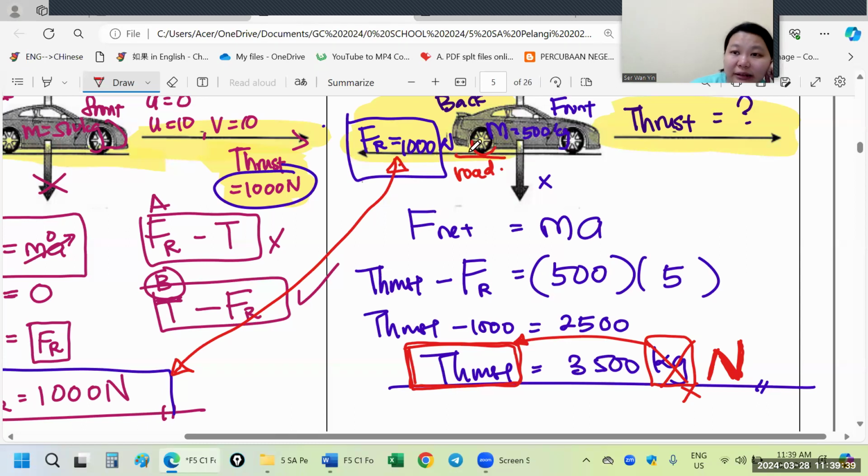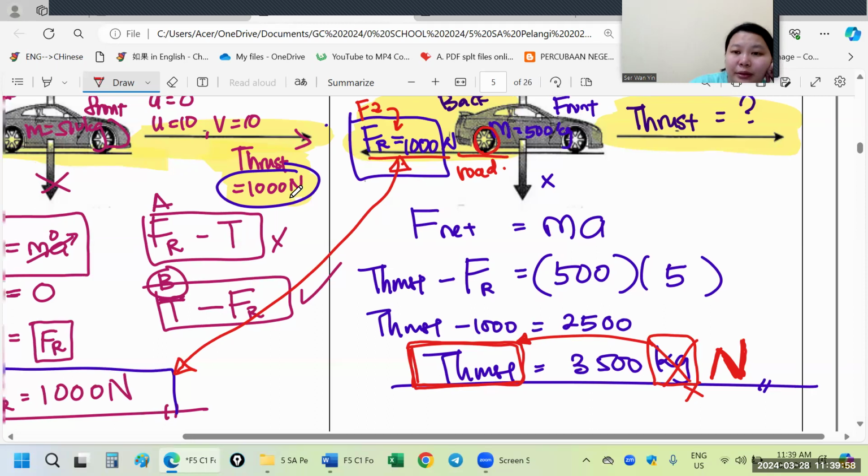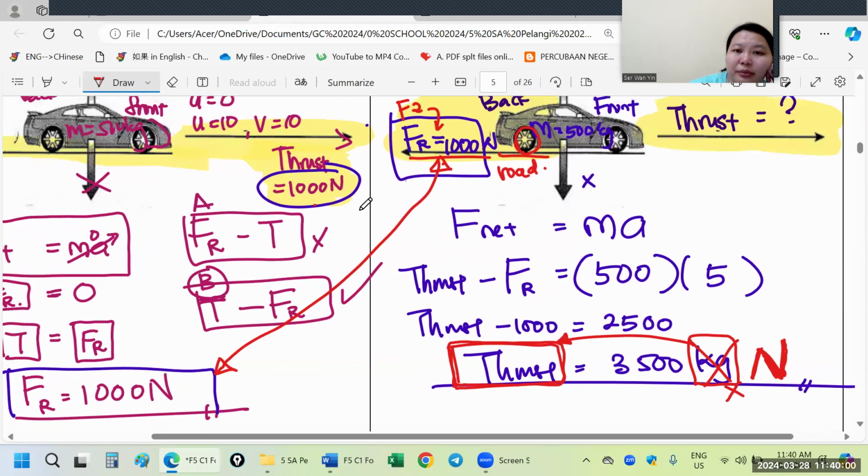If their surface never changes, then the frictional force will not change. Actually, last time in Form 2 we learned the frictional force, but they took out the experiment. So now you just remember that before this it is 1000.